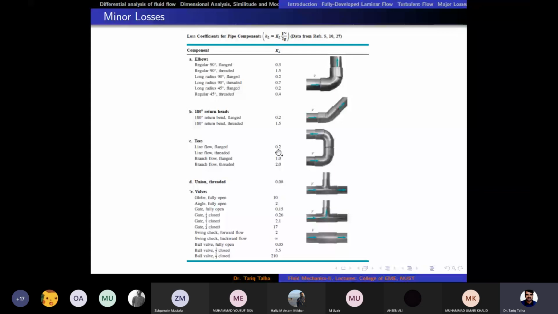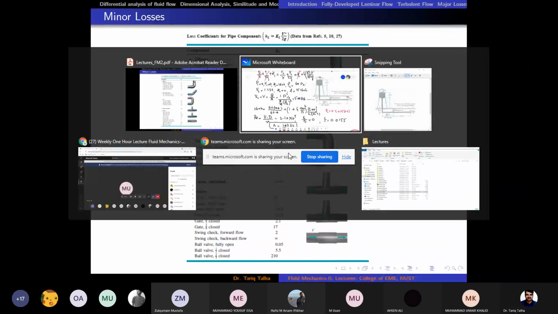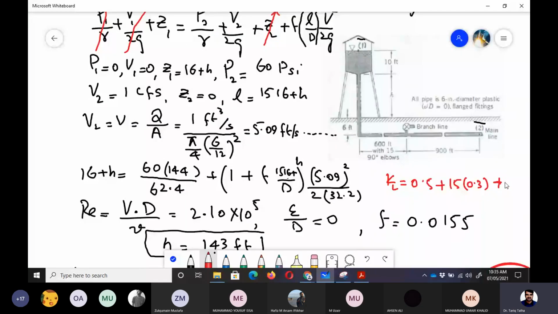It is in the table, where the mouse cursor is. So the flanged T would have a K_L value of 0.2. We just write it here, 0.2, and then the K_L total value becomes equal to 5.2.